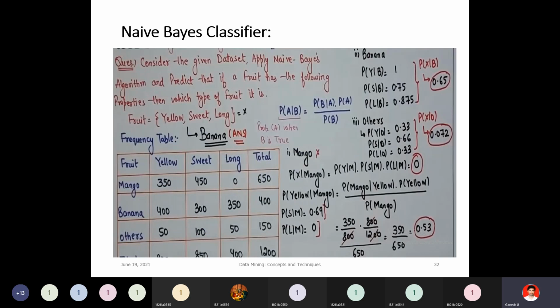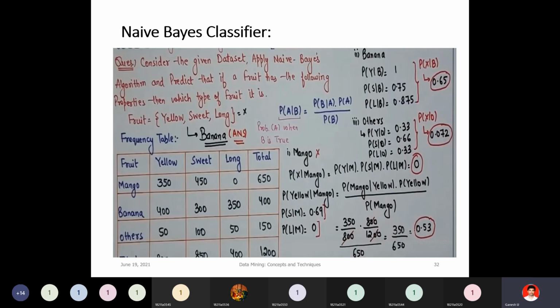Here you are doing the same thing. P of X by mango, where X means yellow, sweet, long, equals P of yellow by mango, P of sweet by mango, P of long by mango. First you find all these three values, then multiply to get the result.